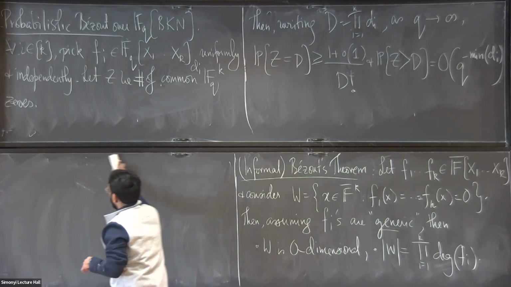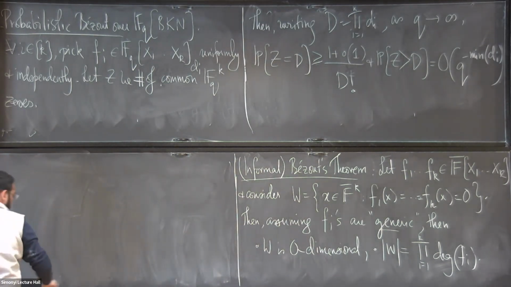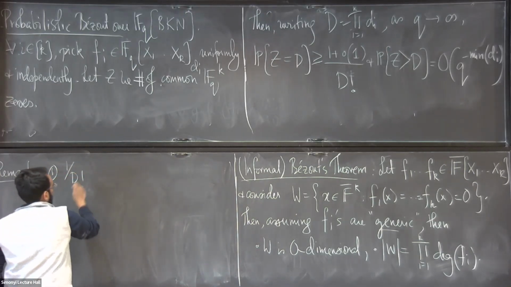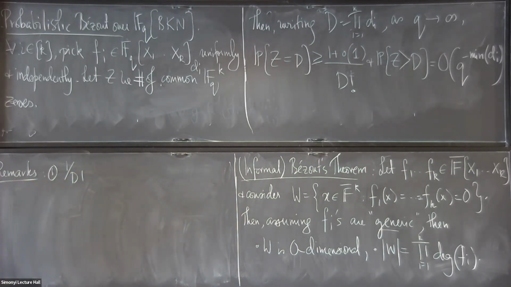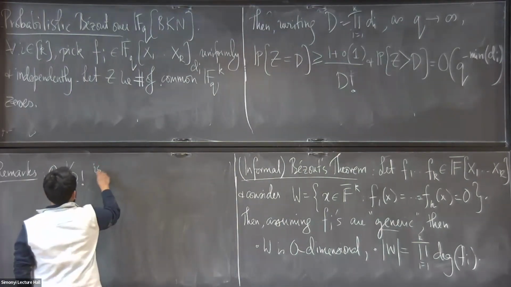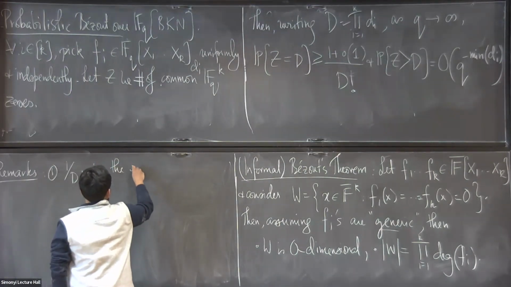So some remarks about this. Remark 1: the 1 over D factorial type bound is the best you can hope for. It's possible that the answer is e over D factorial. I don't make claims at the board, but the shape of the bound is right.